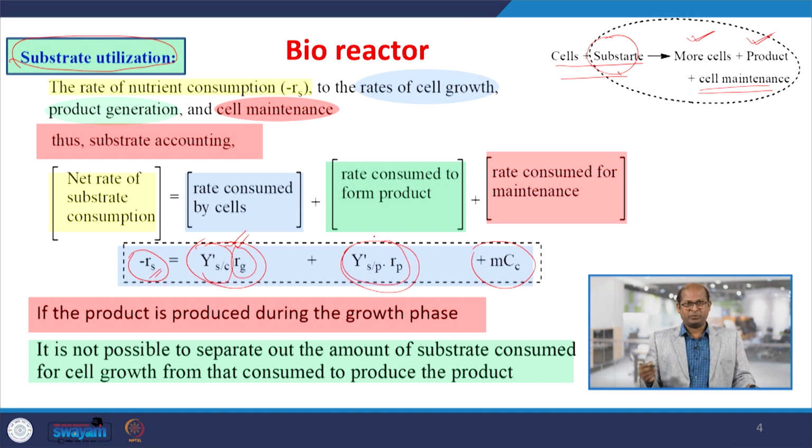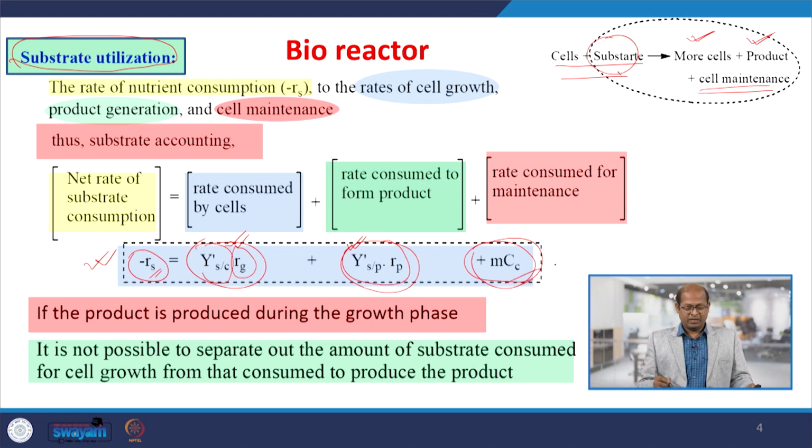Similarly, for product formation, the rate of product formation and the yield of the product per unit substrate consumption. Similarly, for cell maintenance, the amount of substrate being consumed we can put here. That way these equations can be used to know how much substrate is being used for total new cell growth, product formation as well as cell maintenance.